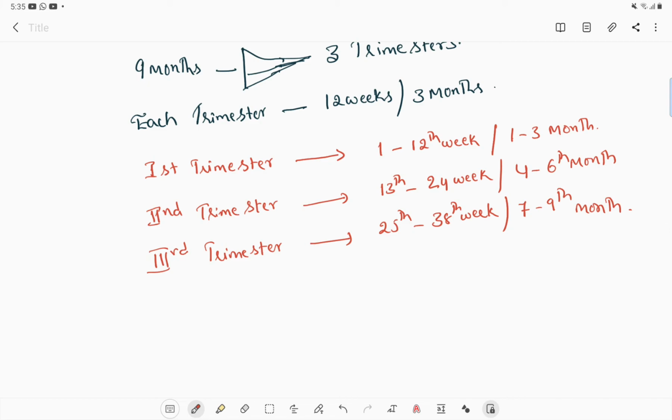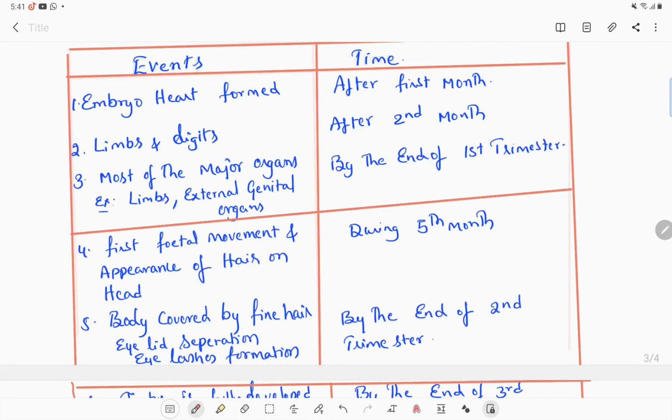Right. Now we see the events that take place during fetal development in the trimesters. So the embryo heart is formed after the first month. Limbs and digits are formed after the second month. Most of the major organs, including limbs and external genital organs, are formed by the end of the first trimester.